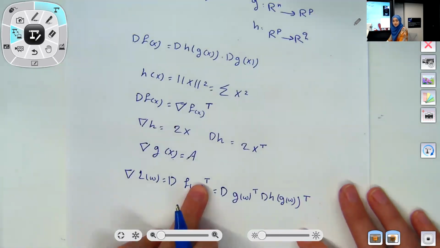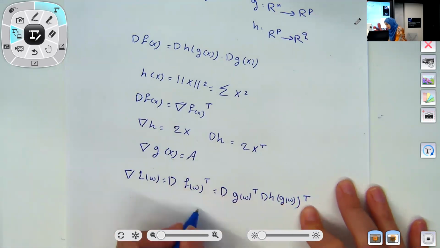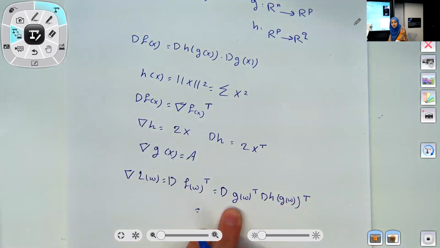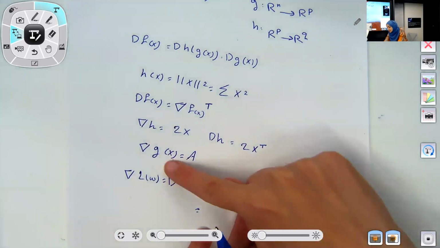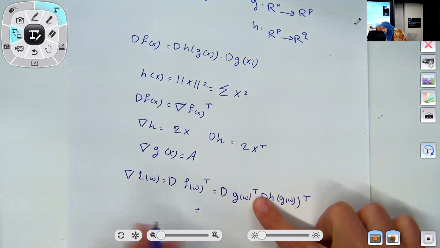Because here we have a transpose, I put transpose here, and also here. For the first part, the Jacobian of g of omega transpose, we found the gradient of g of x equals A, so we just put transpose: this is equal to A transpose.